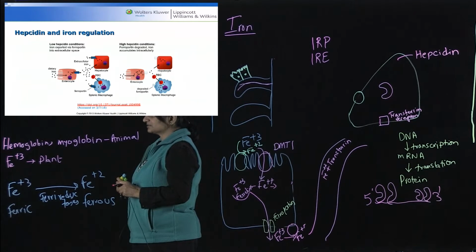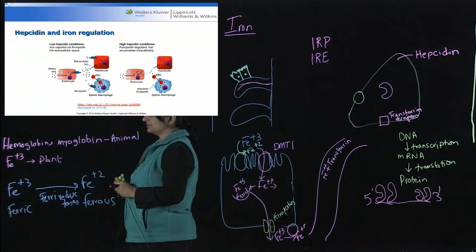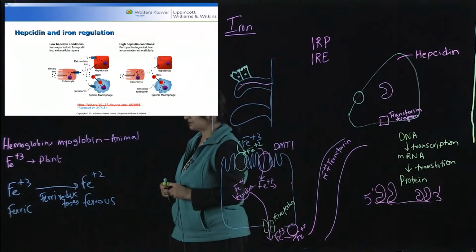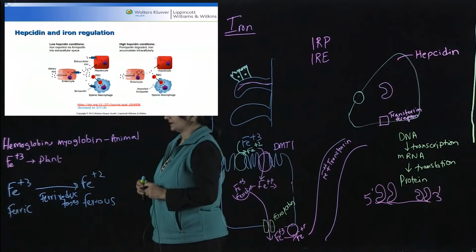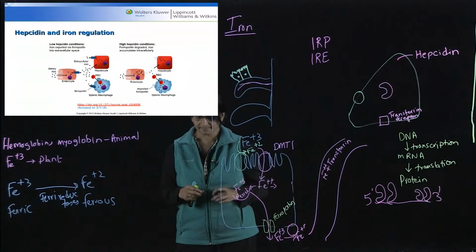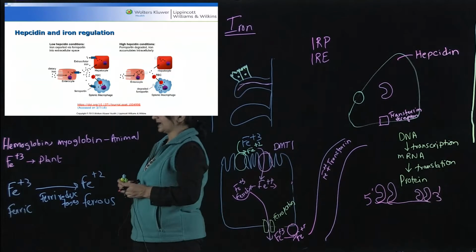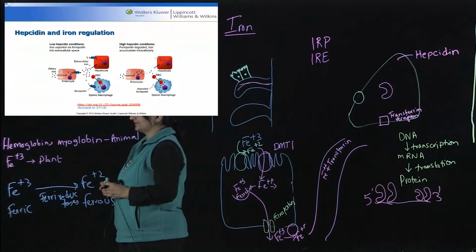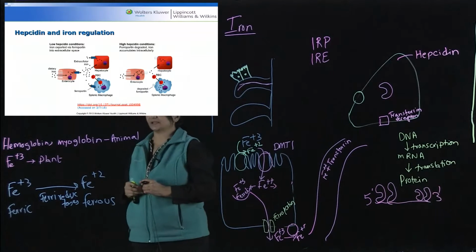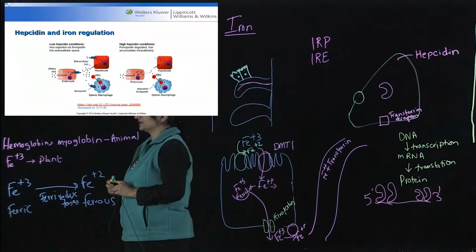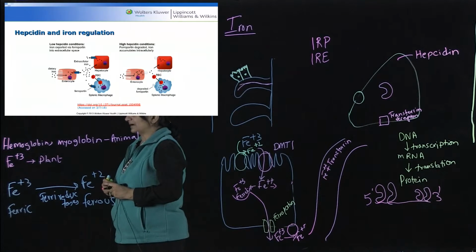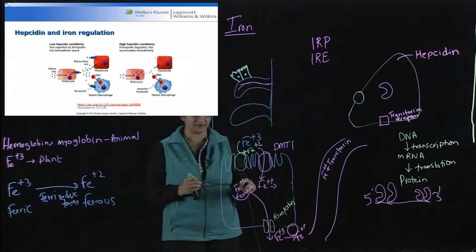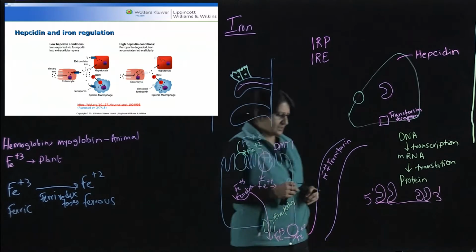That means there is more iron available for uptake into liver cells as well as red blood cells, as you can see on the right hand side of the slide. And under conditions where there are high hepcidin concentrations, essentially ferroportin is degraded and iron accumulates intracellularly.